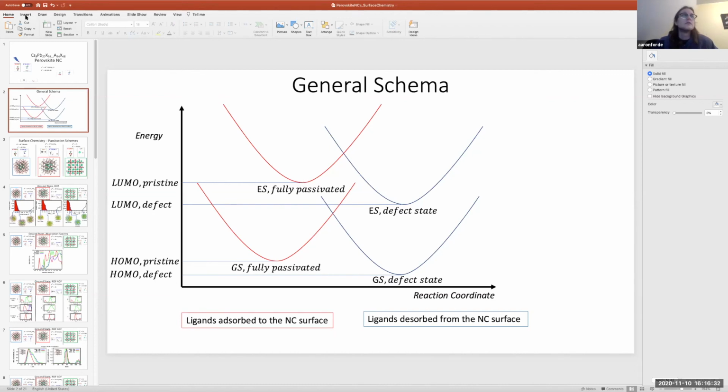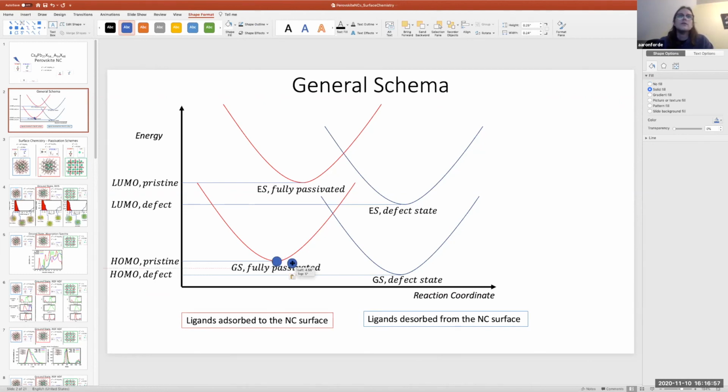And essentially I'm considering 4 different configurations that I have the models in. So I have a ground state where all the surfaces are coordinated. So that's 1 dot.